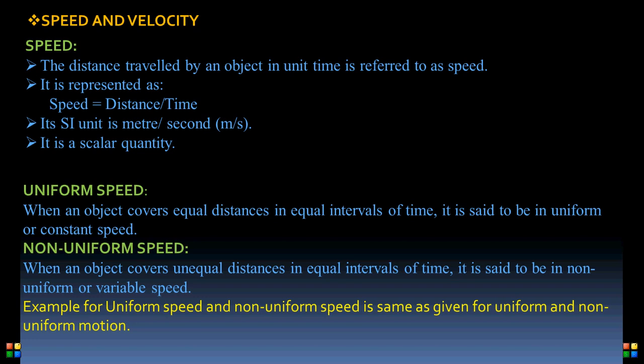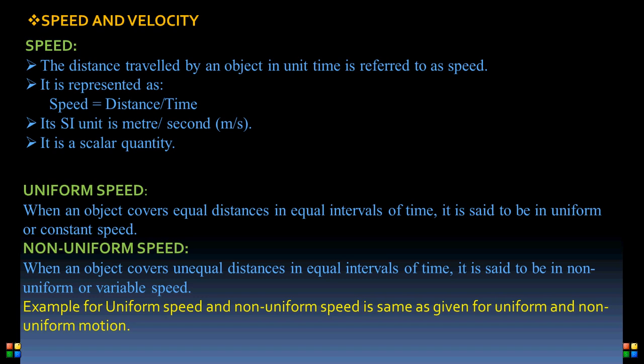Now, as we know that the SI unit of distance is meter and the SI unit of time is second, the SI unit of speed will be meter per second. Since in speed we only talk about magnitude, we do not consider the direction of the object, so it is a scalar quantity.